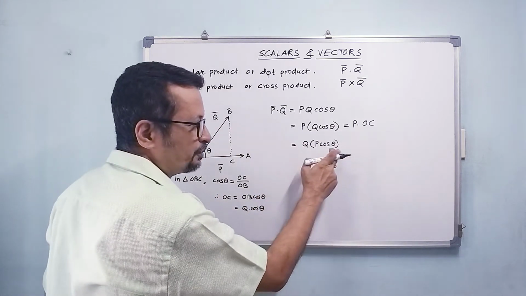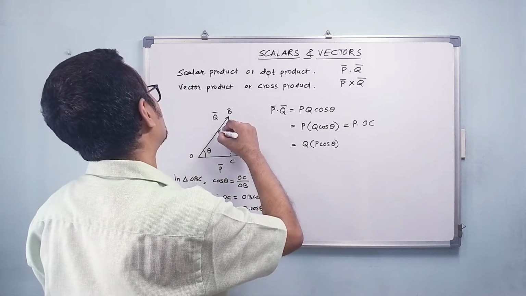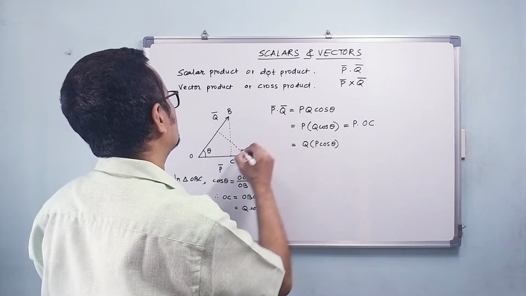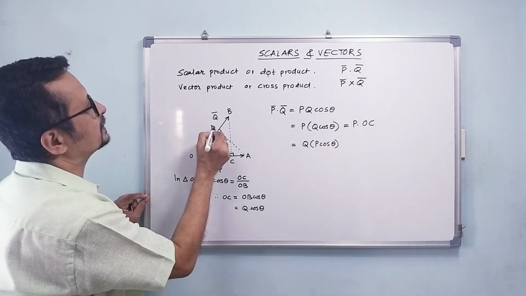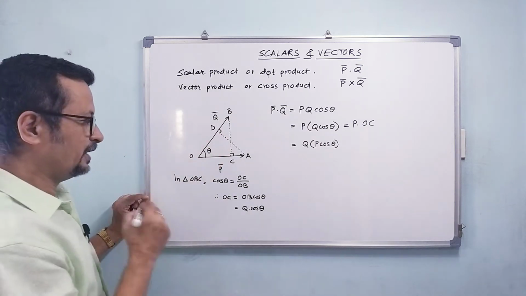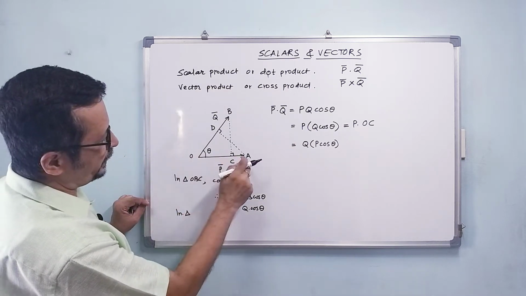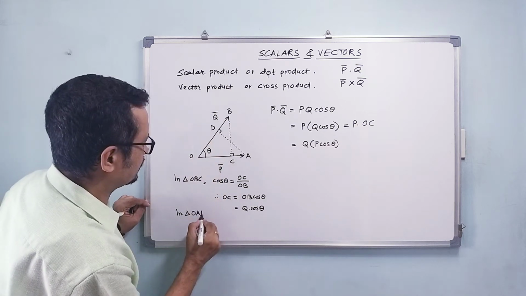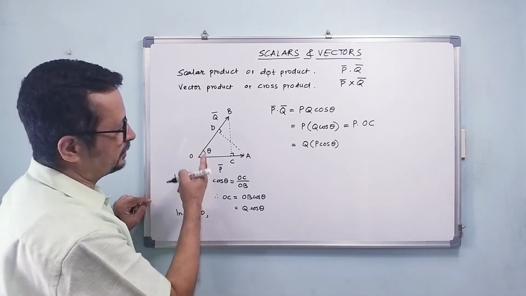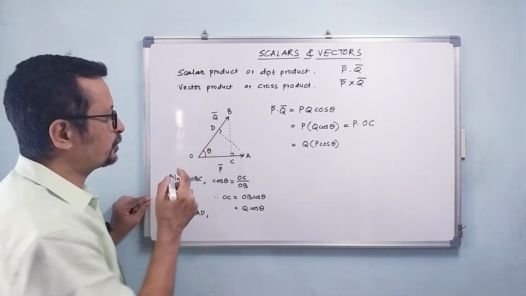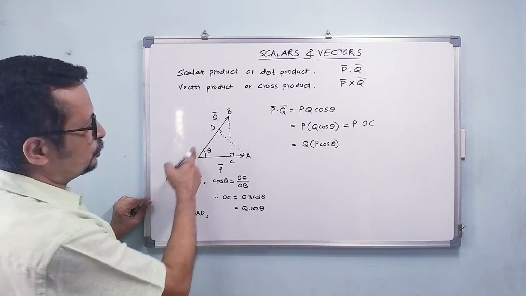Let us see what is P cos theta. Again from this point O, I'll draw a perpendicular here, and I'll call this point D. In triangle OAD, cos theta would be adjacent side upon hypotenuse. For triangle OAD, OA is the hypotenuse and OD is the adjacent side.